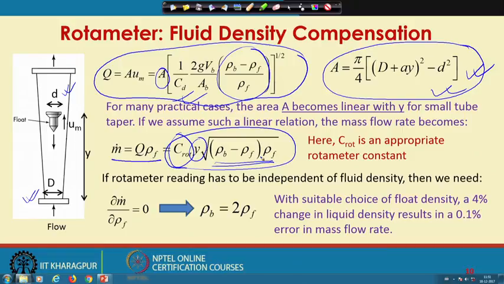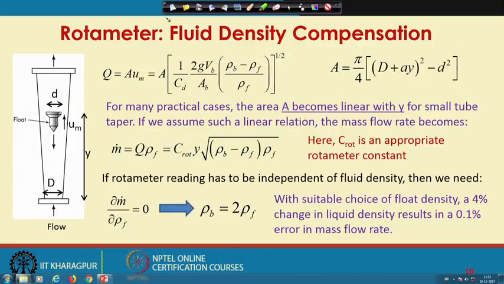Because you have multiplied by rho f, within the square root rho f square will go and then it will be this expression. So, mass flow rate becomes a rotameter constant into rotameter reading, square root of rho b minus rho f multiplied by rho f.